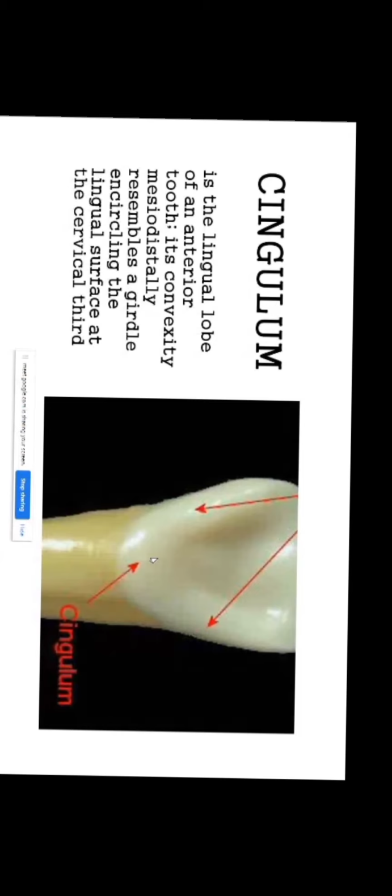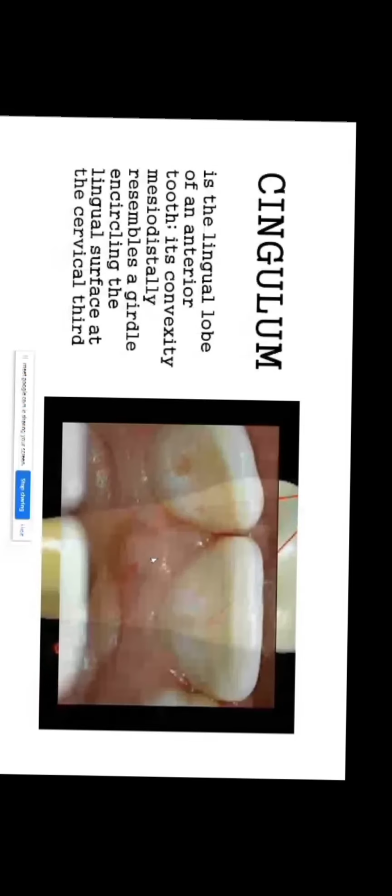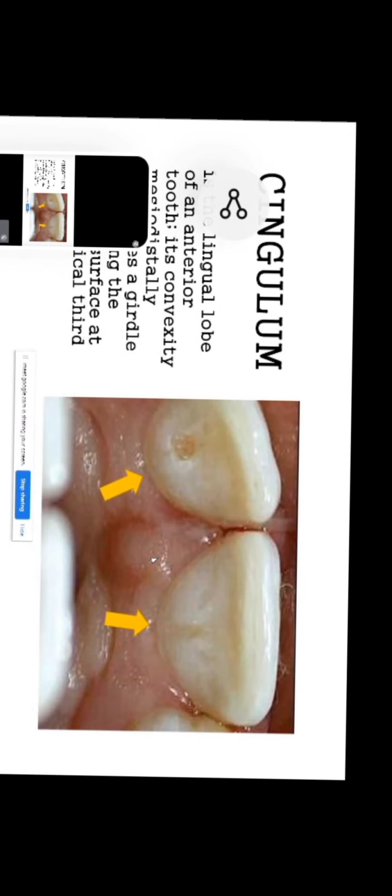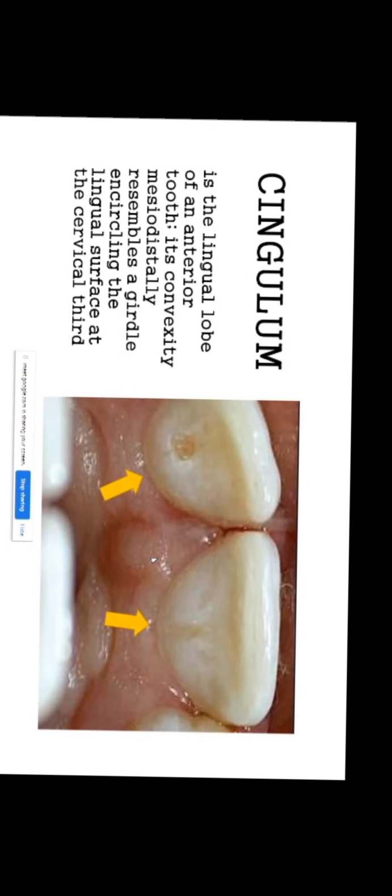Again, that's good to note: the lingual lobe of an anterior tooth is a cingulum. This one, that's a cingulum. Actually, you can touch it with your tongue. There is a bulge on the lingual of your anterior teeth, a certain bulge at the cervical or the neck. That's the cingulum.